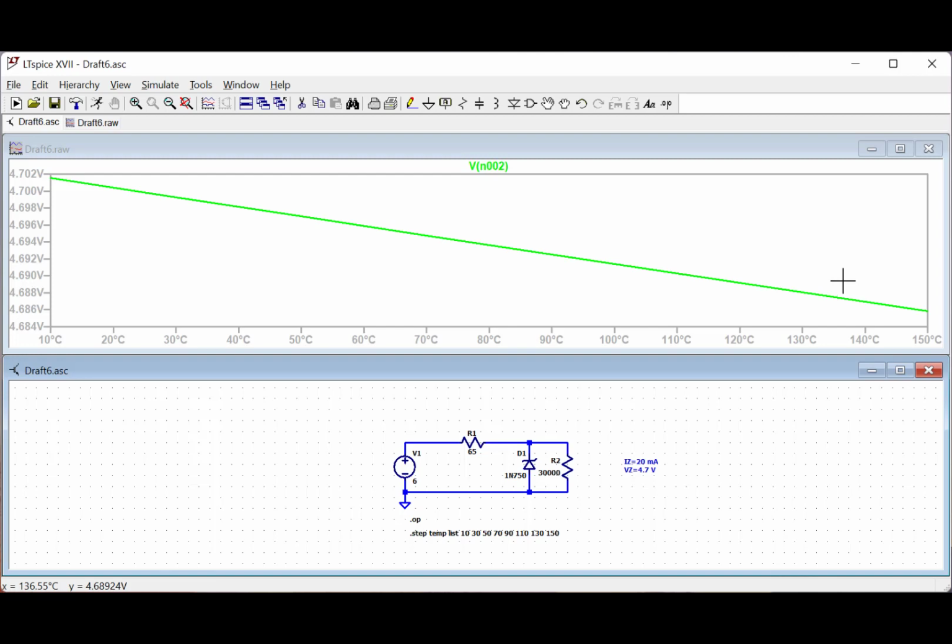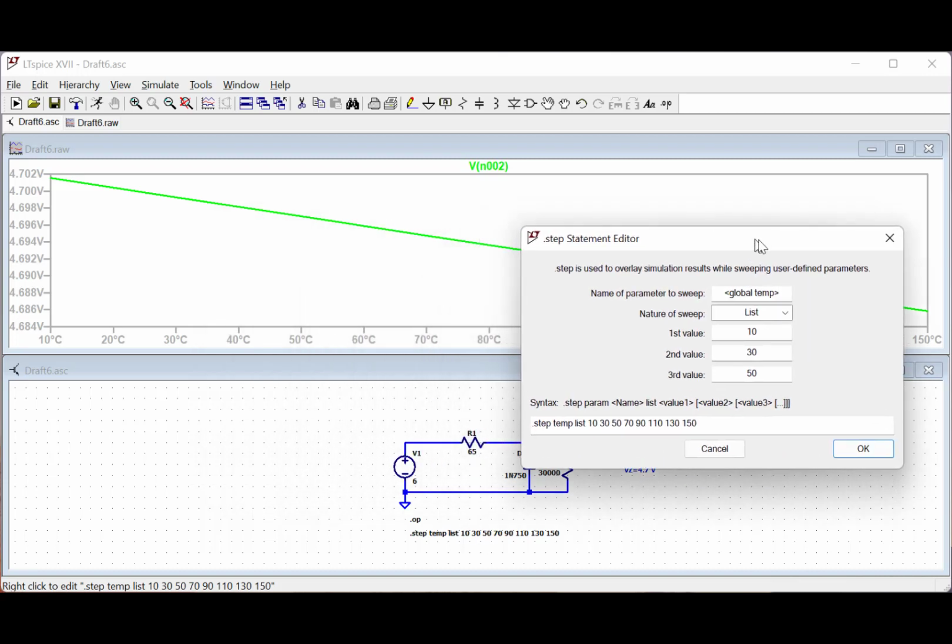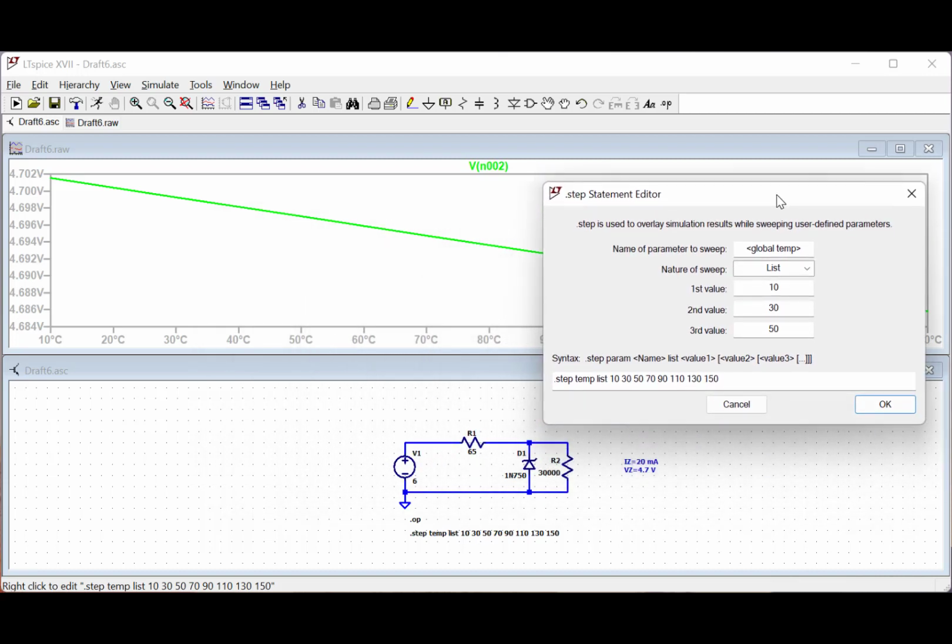This is an example. Of course, I could have chosen also different possibilities. So if I right-click here, I can change once again the way temperature variation is obtained. I have chosen in my previous example the list option.